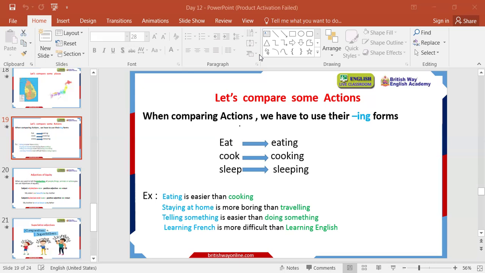Sleeping is better than working. Buying food is faster than growing food.